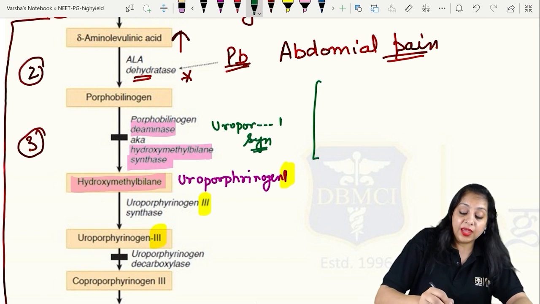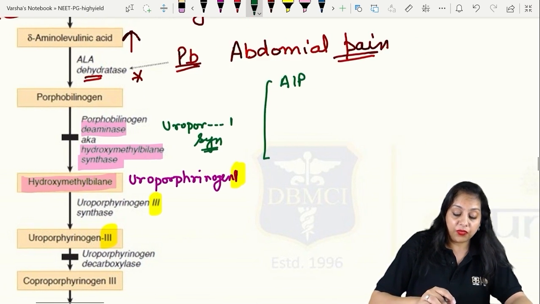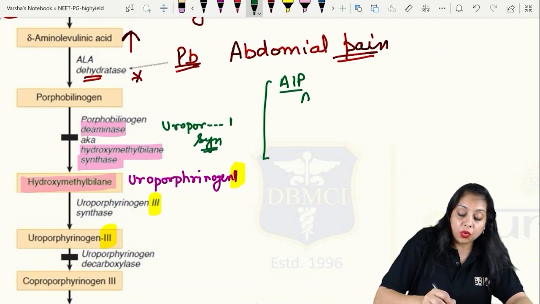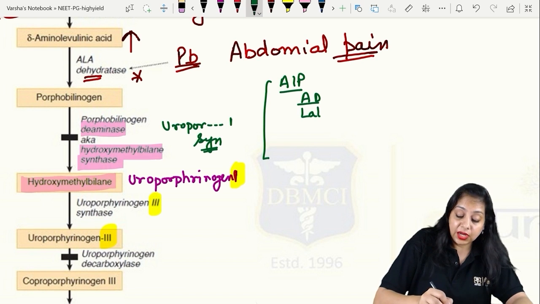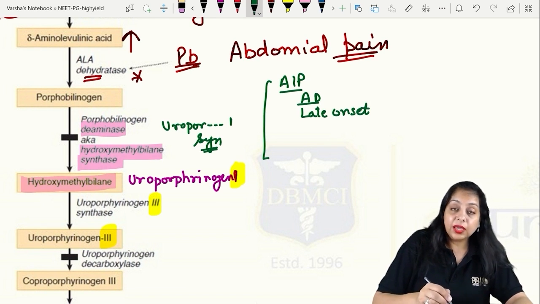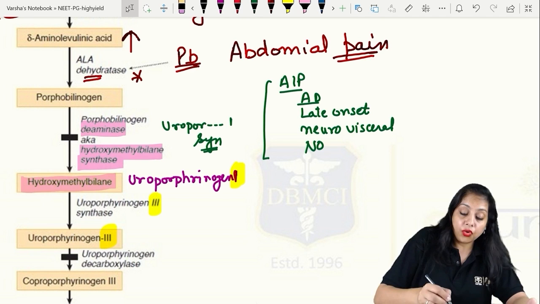What is that porphyria? That is acute intermittent porphyria, which is autosomal dominant in nature and has late onset. There will be episodic attacks, and definitely neurovisceral symptoms, but there is no photosensitivity.